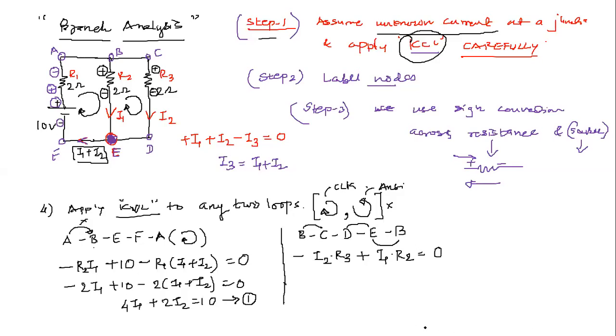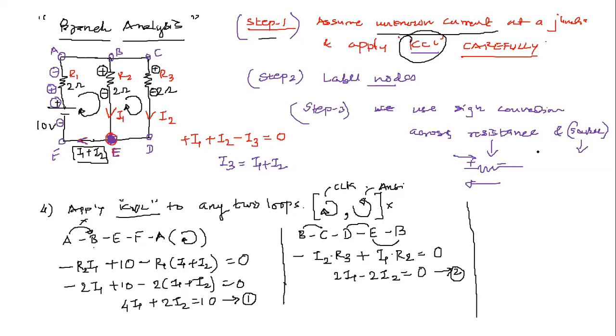Now if I put the values of R1 and R2, what I'll get is 2I1 minus 2I2 is equal to 0. And this is sufficient. Now we have got the second equation, right?